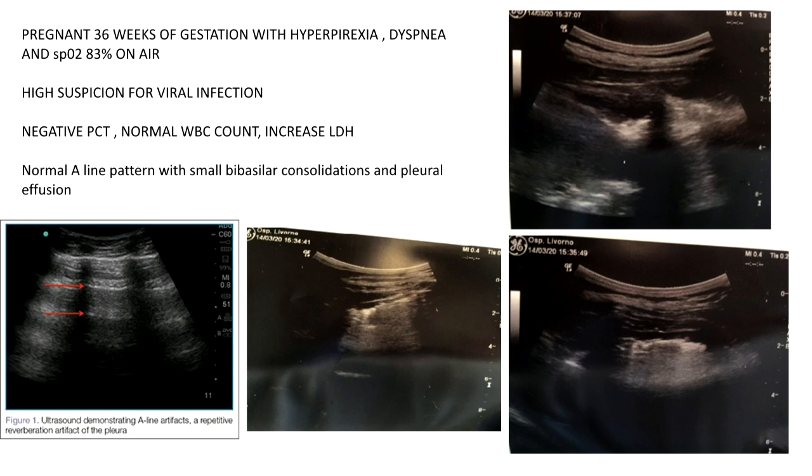But when we performed lung ultrasound in isolation, we saw a normal A-line pattern in all the lung, and only small bibasilar consolidation with pleural effusion.